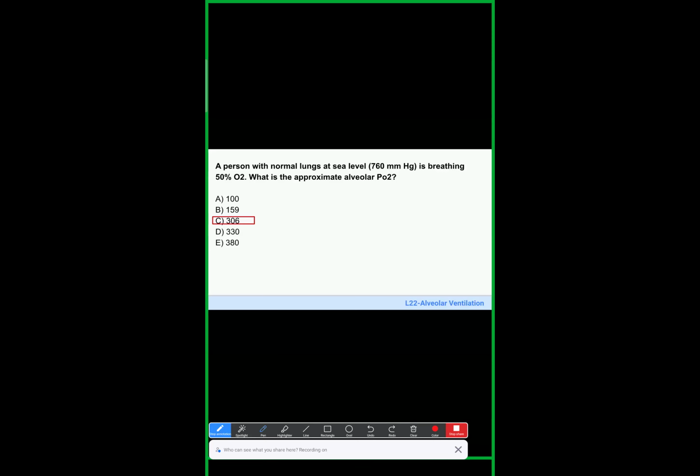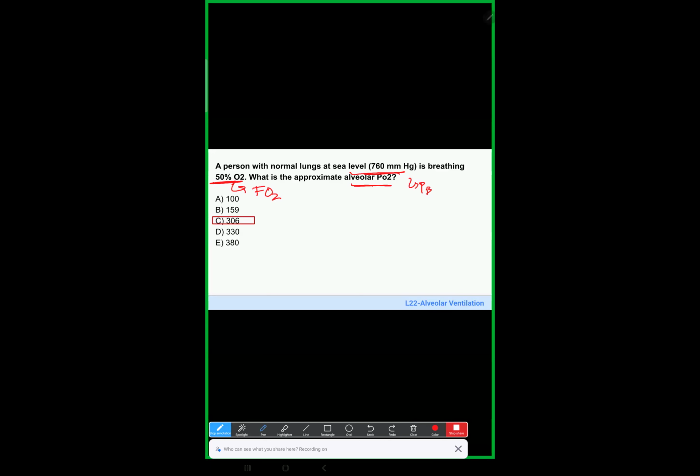In this situation, what is given is the sea level, so we call this the barometric pressure, PB. But we're also given 50% O2, which is the fraction of O2 in the atmosphere. And what they want us to find is the alveolar PO2.